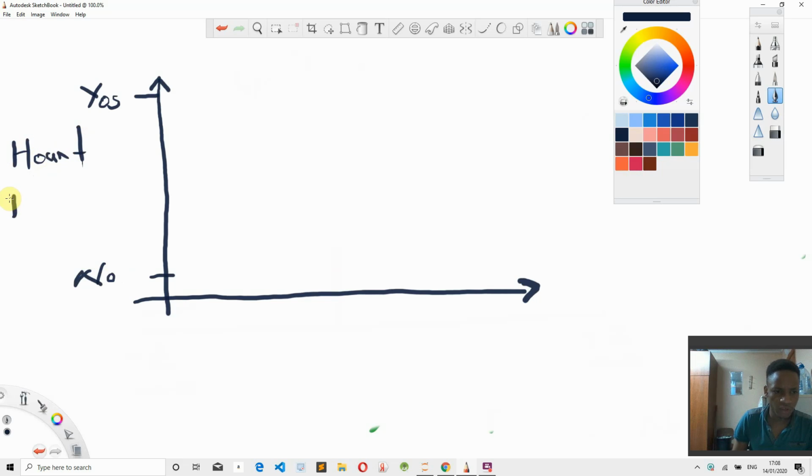So we are trying to predict if someone has heart disease, say coronary heart disease. This is the cholesterol level.